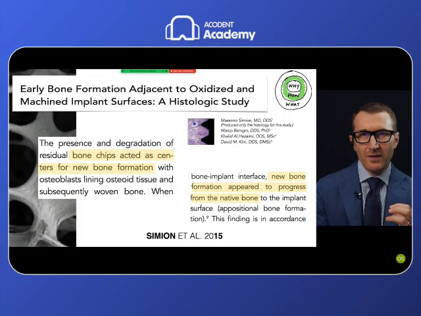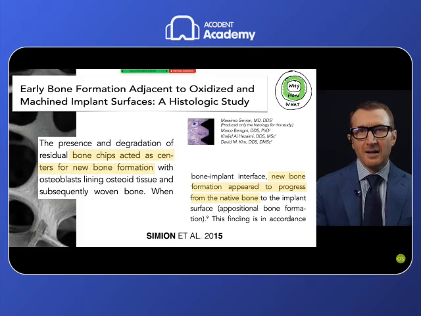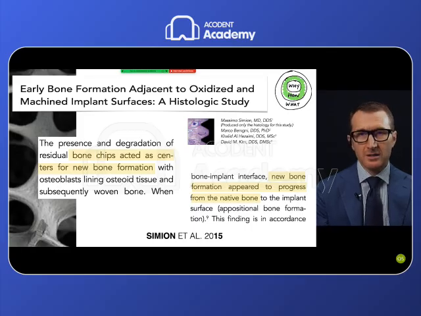So when the blood vessels come to revascularize that area, the BMPs will affect the mesenchymal cells and the perivascular cell differentiation, improving bone formation in that area and improving the speed of bone formation close to the implant surface.